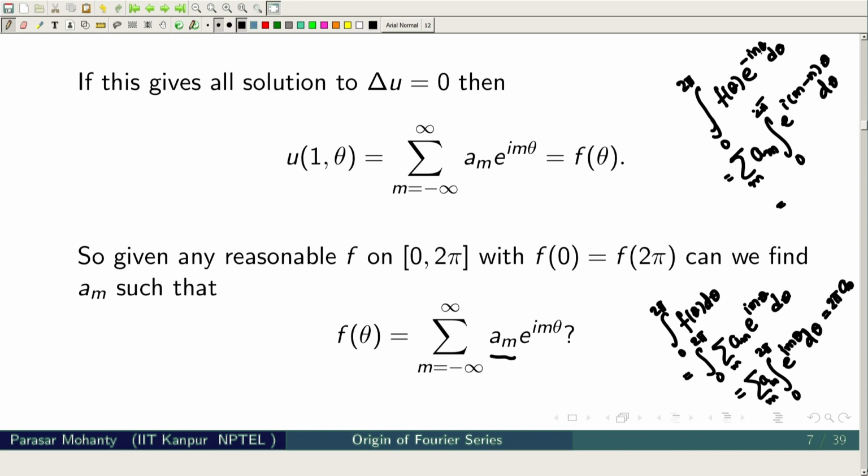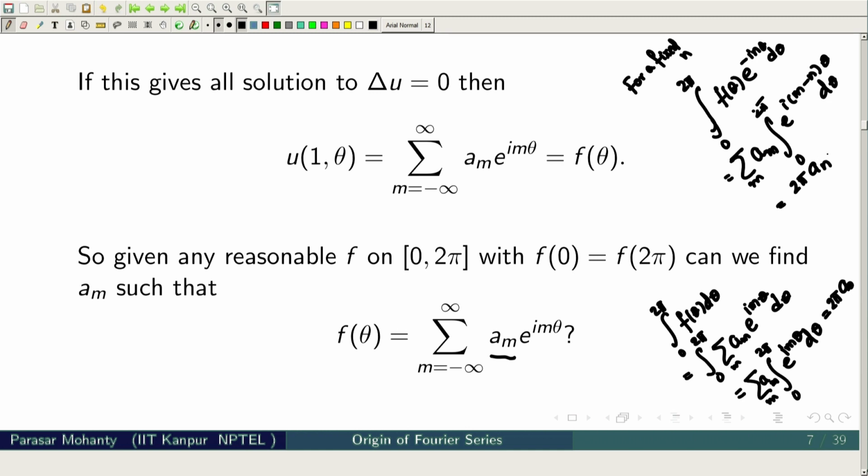Remember that here we are taking a fixed n. So this is equal to 2 pi a_n.